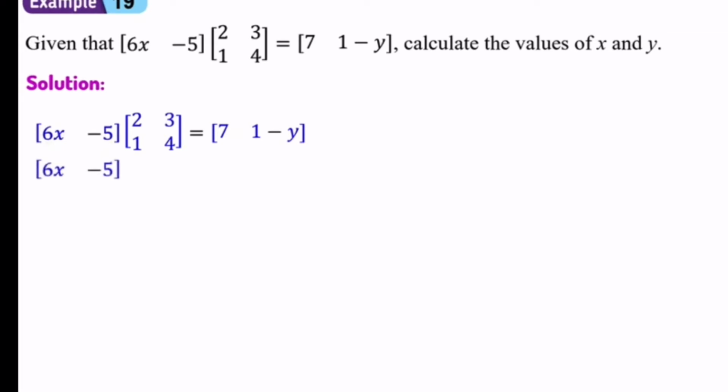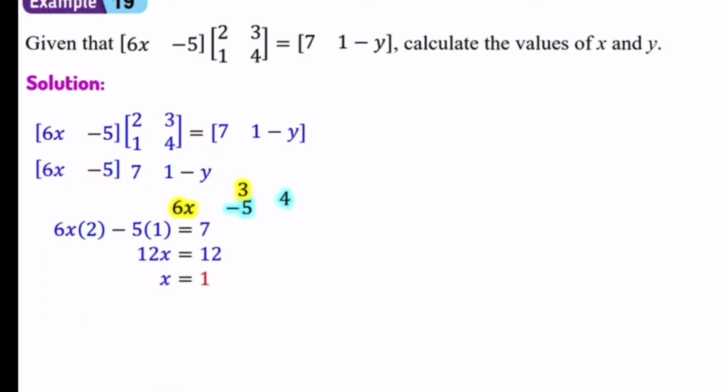So this is the row followed by the matrix. 6x times 2 plus negative 5 times 1 equal to 7. So if you solve for x, you will get the answer, which is 12x equal to 12. So x is equal to 1.